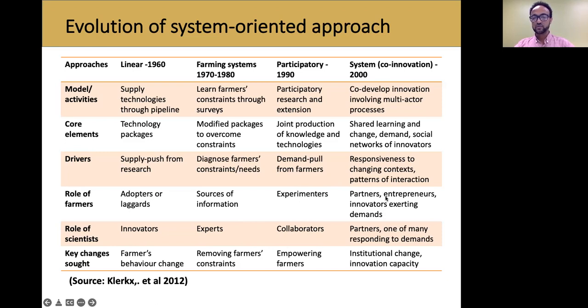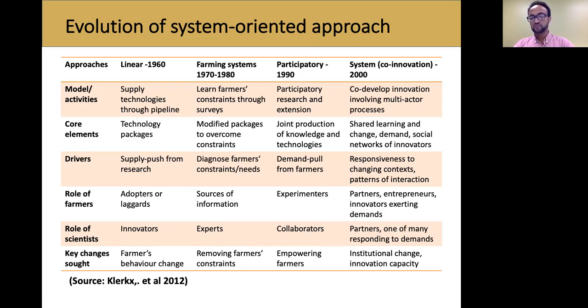But in the system-oriented approach, the role of farmers becomes that of partners. Farmers are partners to researchers and also innovators, in a way that they are exerting demands. And scientists were the only source of knowledge for addressing farmers' constraints. As you know, technologies came from researchers only, but in the farming systems approach they became experts, under the participatory approach they became collaborators with farmers, and now they are just partners.